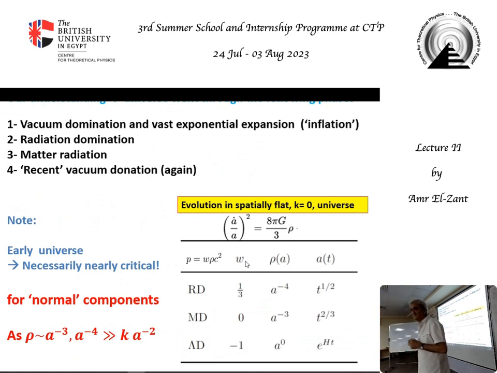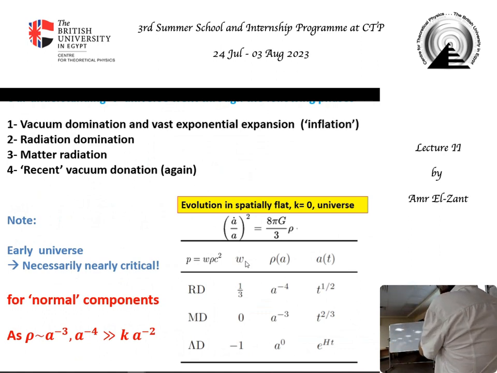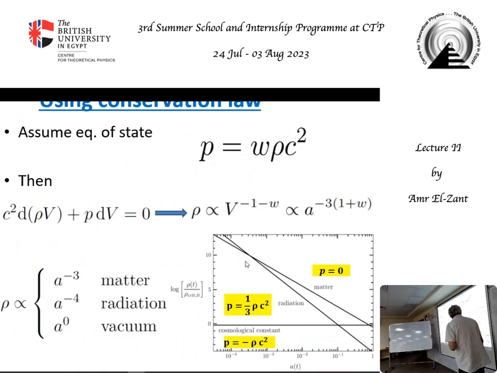Okay. Yes? In those four points, is this the chronological order, that at first there was inflation? Yeah, actually by chance, maybe, I don't know. So you are implying that at first there was some vacuum domination, though that wasn't visible in the graph. No, I don't have that here. No, it's not here. But in the previous graph, it was radiation dominating, then matter, and then vacuum.